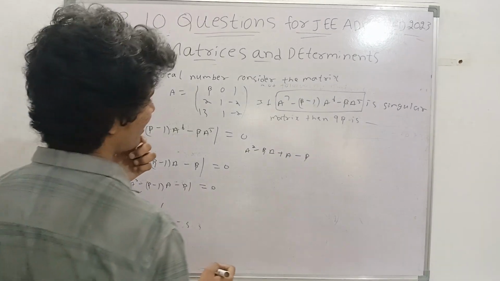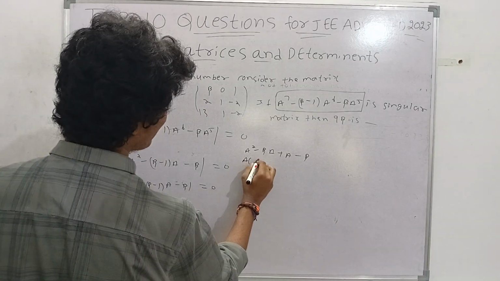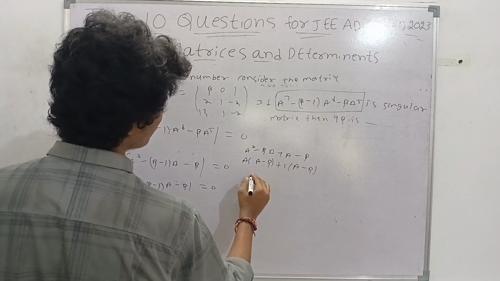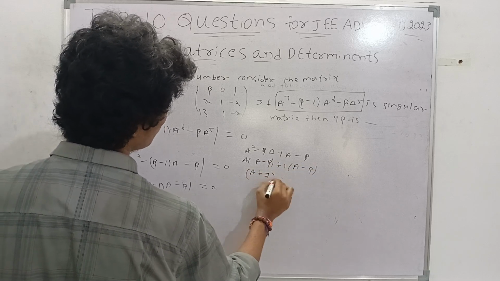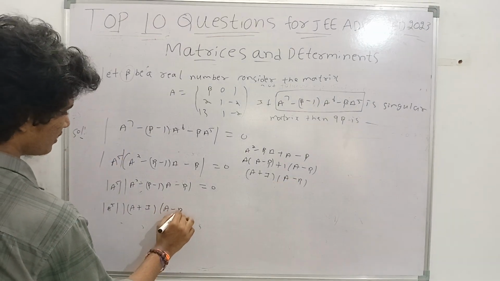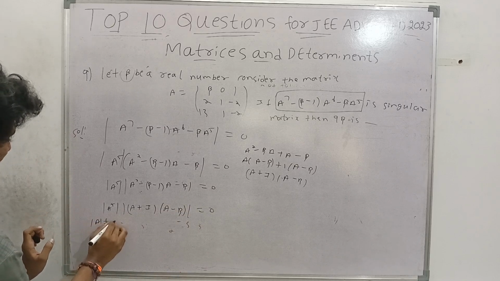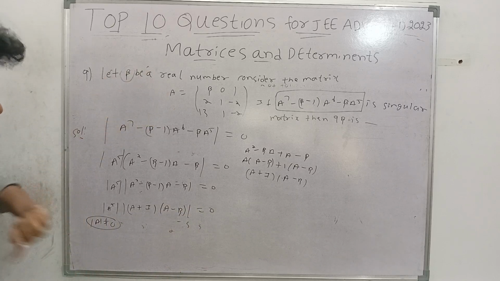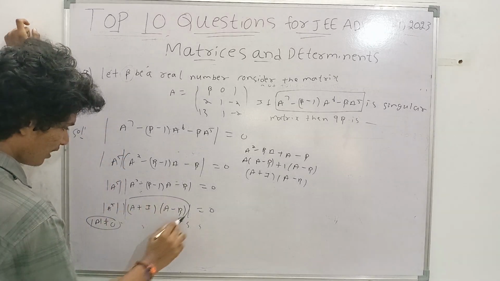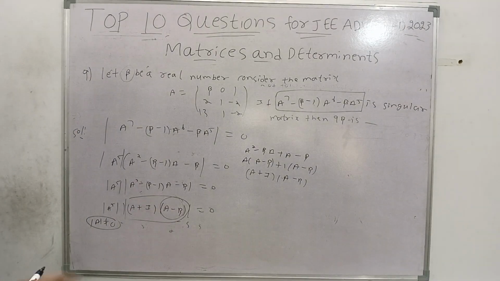Now if we take common here, A minus beta will be common. So A plus I into A minus beta, these things are equal to 0. Here mod A is not equal to 0, they gave this in the question only. So these things should be equal to 0, especially A minus beta should be equal to 0.